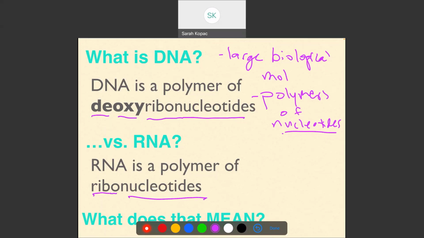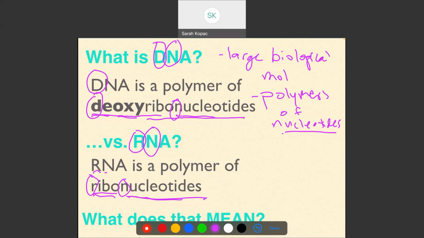And so we can see where the R comes from in RNA and where the D in DNA comes from. And actually, we could also see where the N comes from in both of these. The N is for nucleotide, and then the A is actually for acid. So DNA is deoxyribonucleic acid, and then RNA is ribonucleic acid.